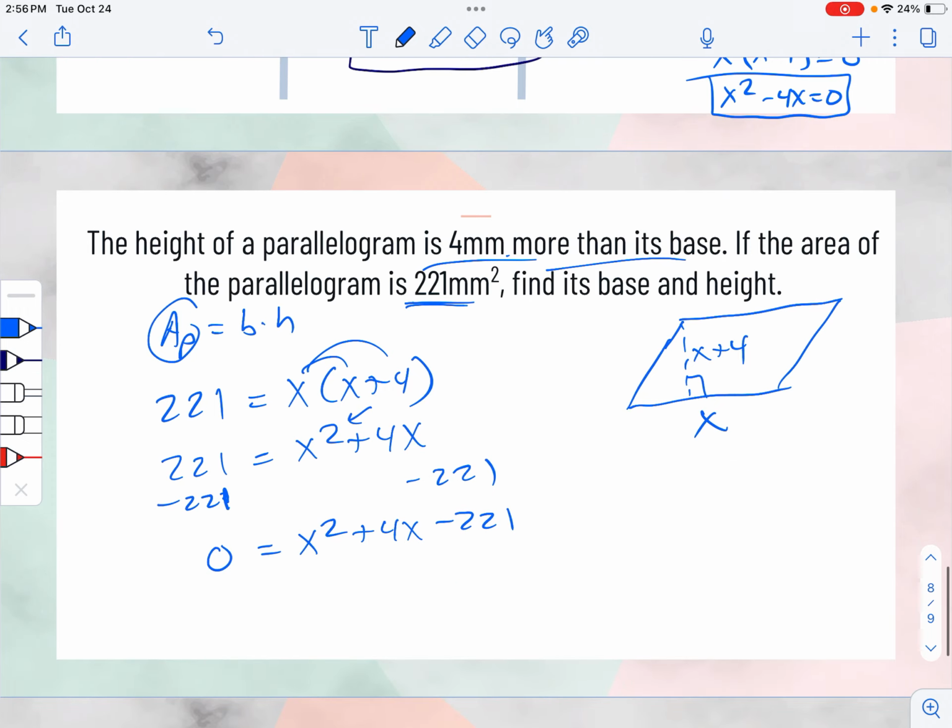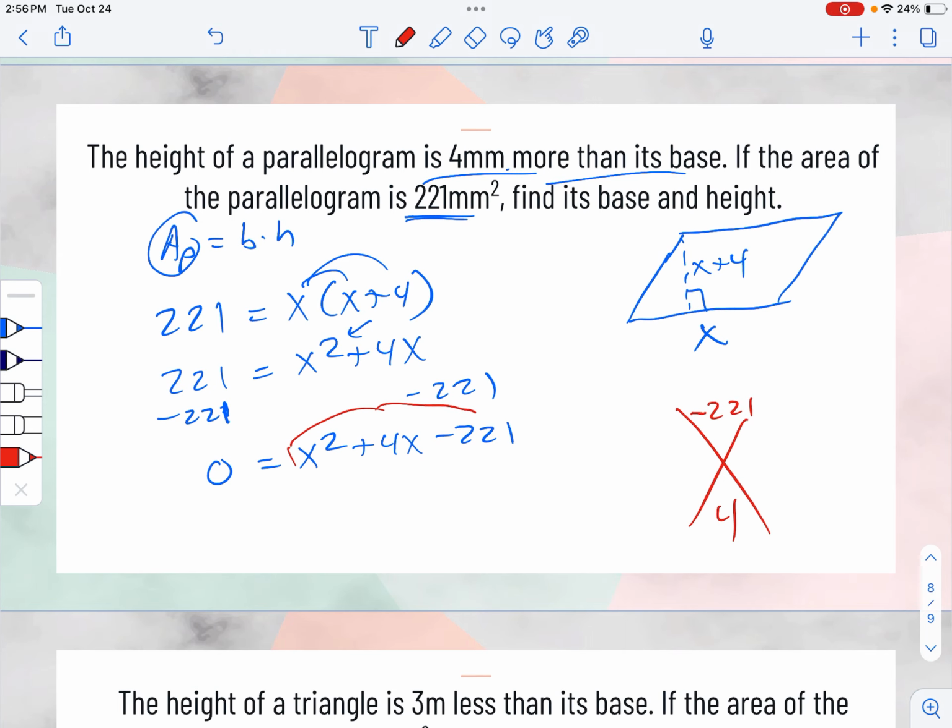Okay, so we're going to do the little x thing. 1 times negative 221 is negative 221, and it has to add up to 4. Oh boy, some values. 1 and 221. Okay, that's not going to work. What else goes into 221? Let me grab my little calculator here. 2 doesn't go in there, 3 doesn't go in there, 4, 5, I don't think. 221 divided by, how about 7?